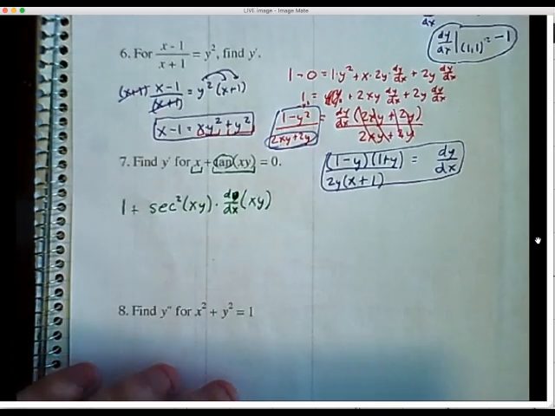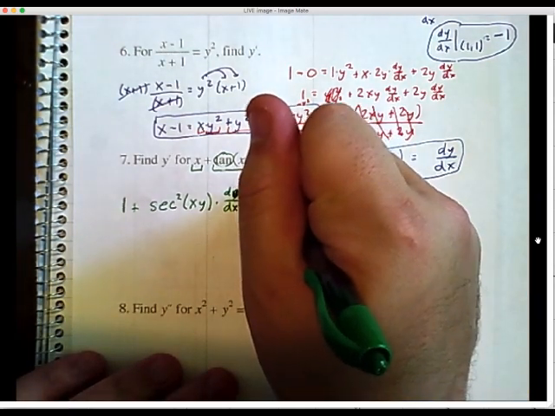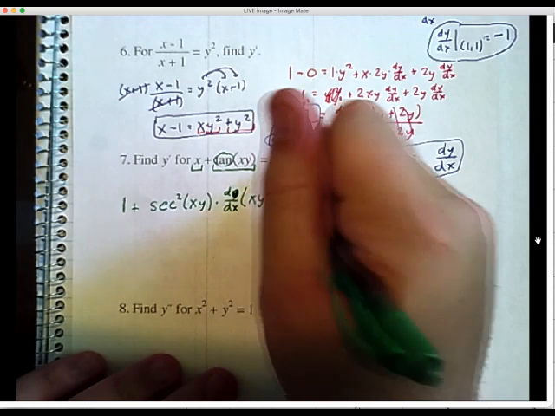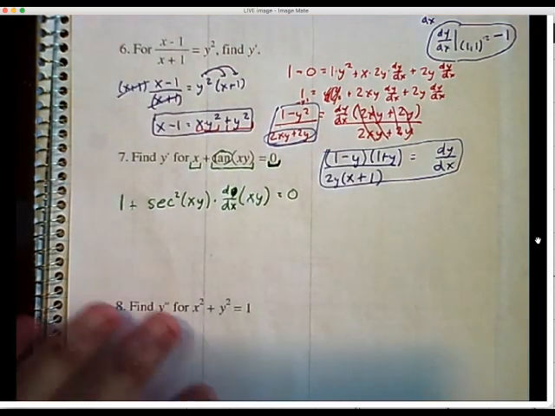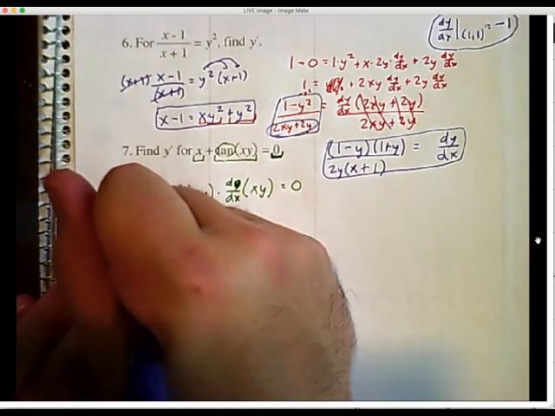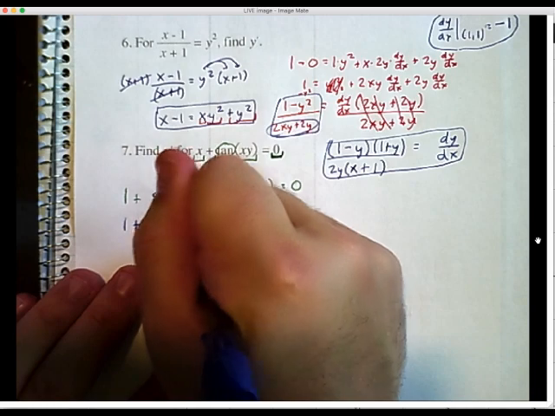Equals the derivative of a constant, which is still a constant. So here we have 1 plus secant squared of xy.